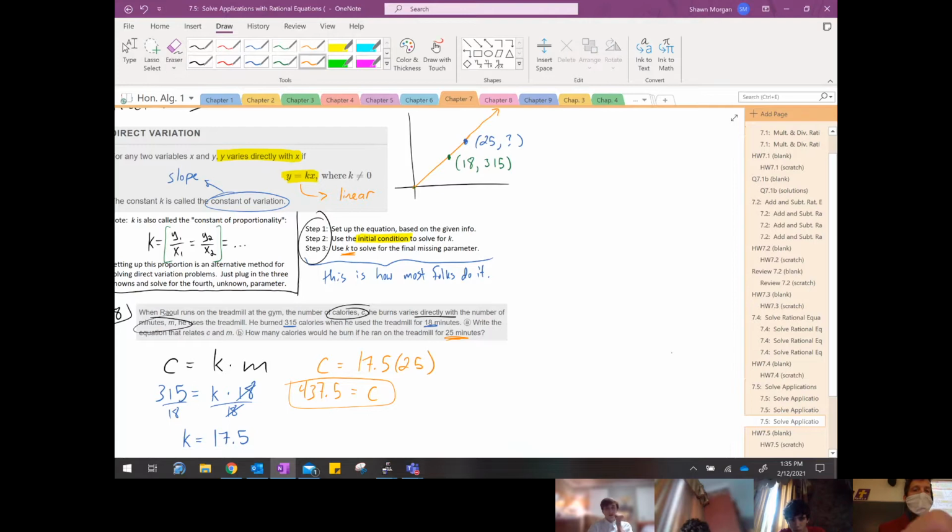Maybe he's a wrestler and he needs to burn a certain number of calories. Maybe I want Raul to burn 570 calories. How long would he have to run to do that? Because we've been given this initial condition, in other words, we know K equals 17.5, how are you going to do that?